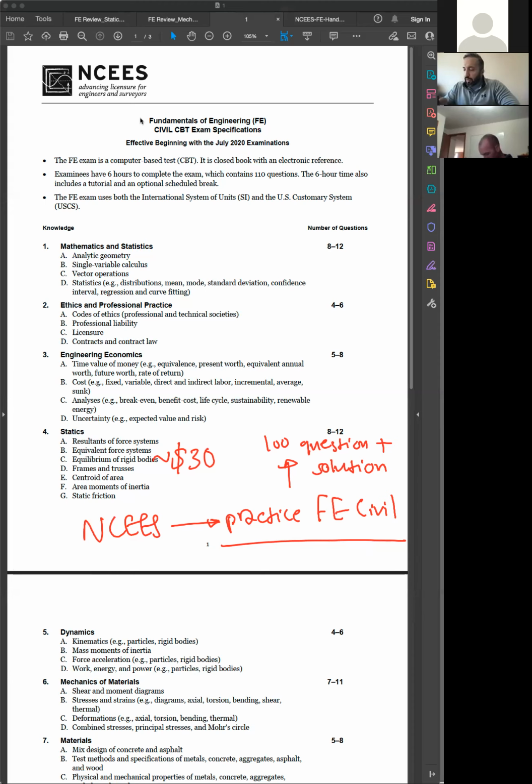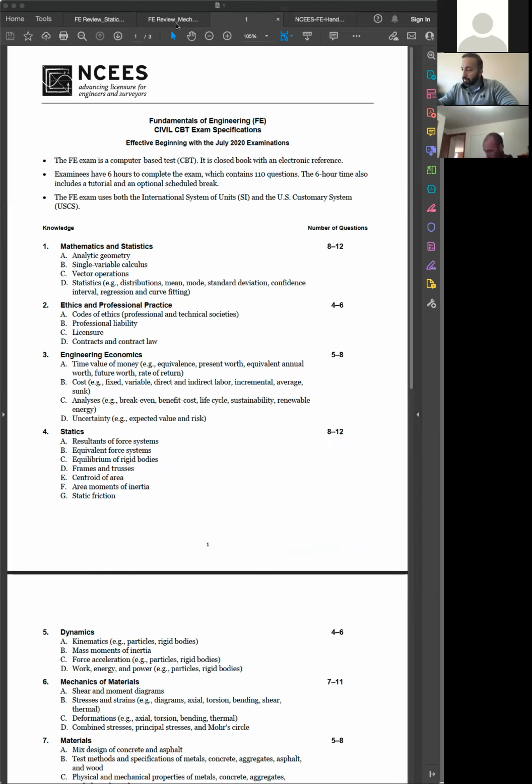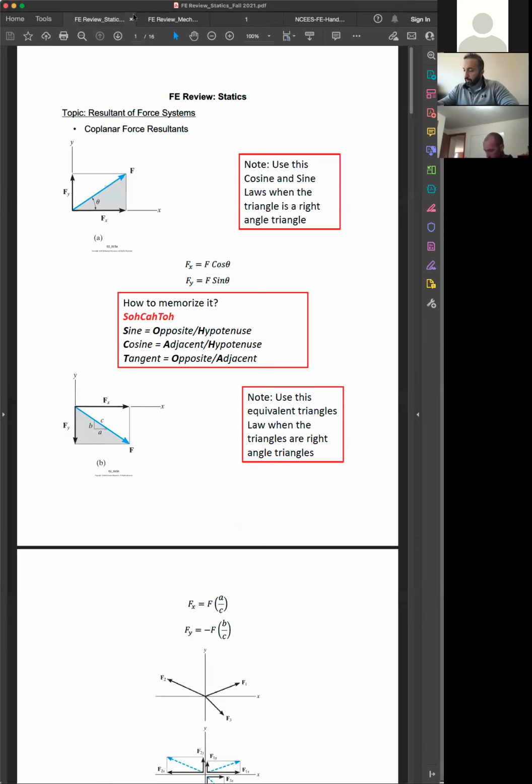So let's see. Okay. So we are starting from the statics. On here, let's start with the topic of resultant of the force system. All right.